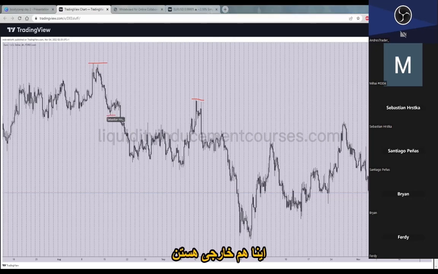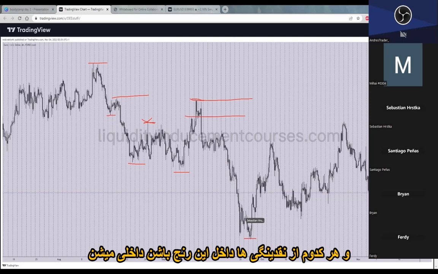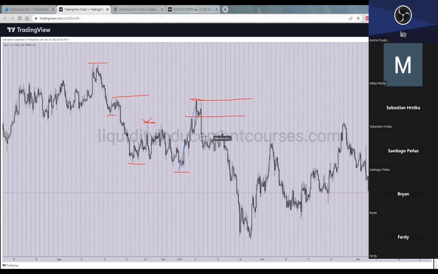This is external being taken out, strong high. Then this is your next external liquidity right here, or this whole range. And these points inside of those ranges would be internal. All of those, as this is the main move now.